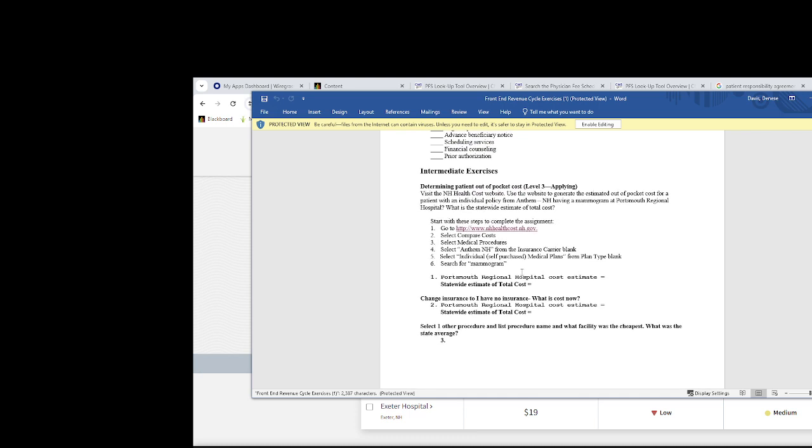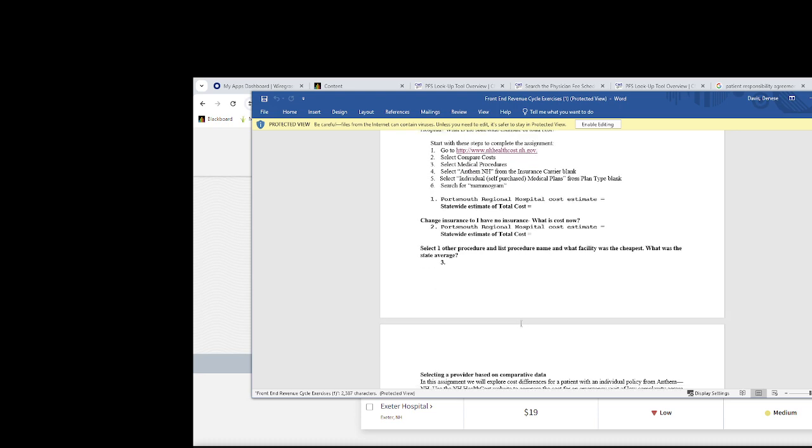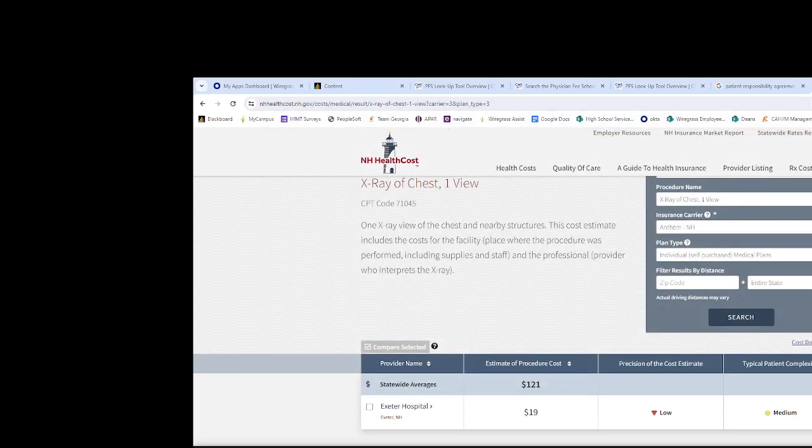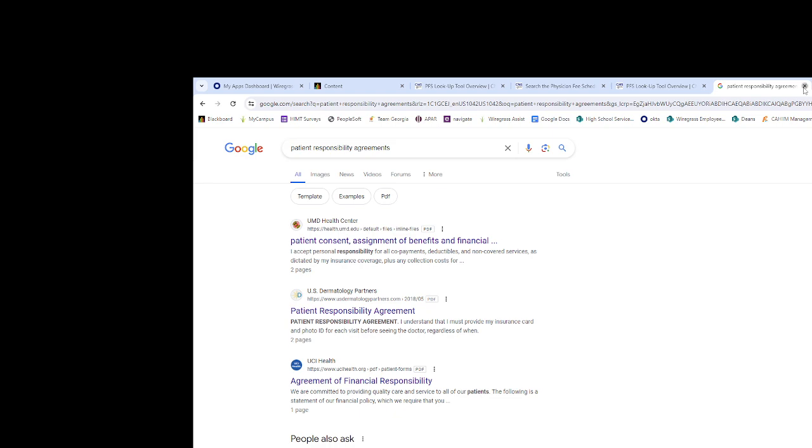See, it's telling you mammogram, cost, hospital cost, change it to have no insurance, and it's telling you step by step. So on that one, you have to make sure you're doing exactly what it tells you. That's just a fun site to play around with. So that's that homework. So I'm going to close that one. Let me close this. And remember, it has several different parts to it.